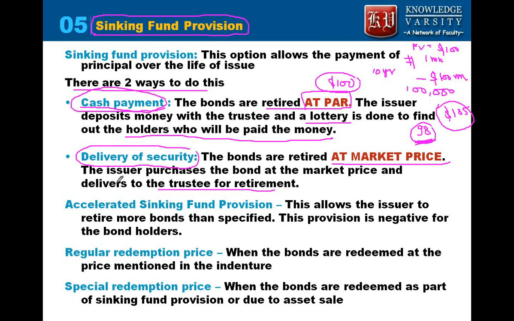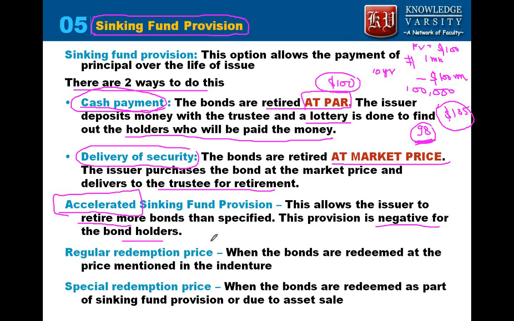There is also one more provision, called the accelerated sinking fund provision. This provision allows the bond issuer to retire more bonds. Sometimes the bond issuer can generate more profit and retire more bonds from those profits, and it is negative for the bond holders.